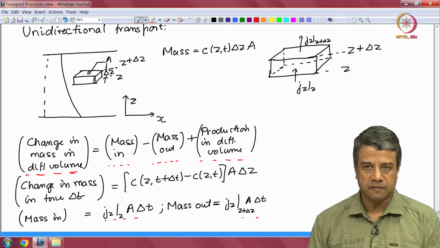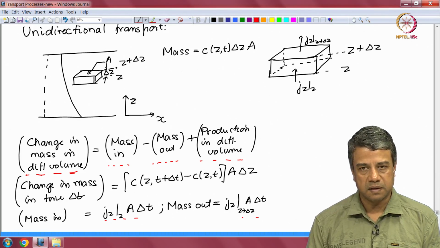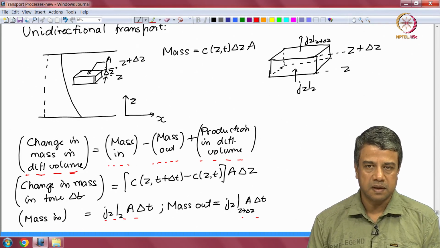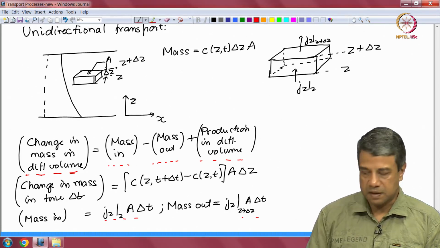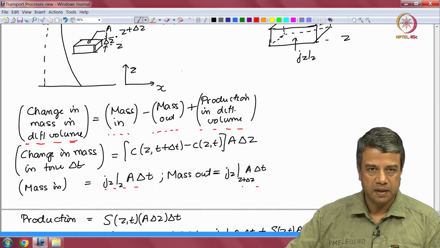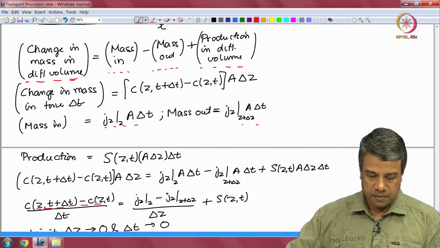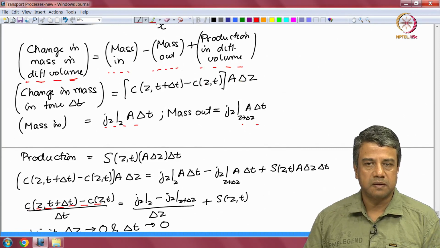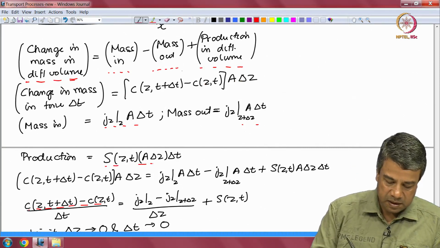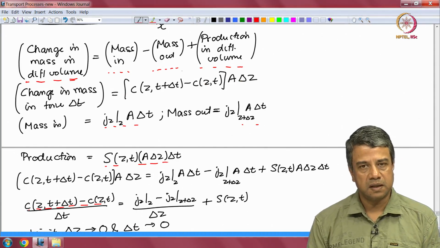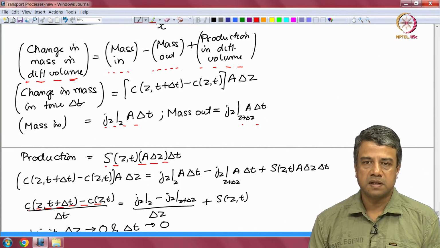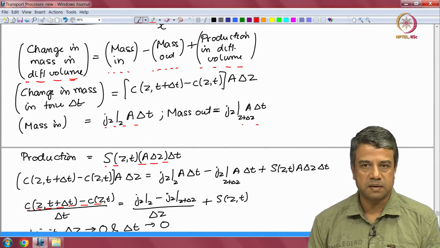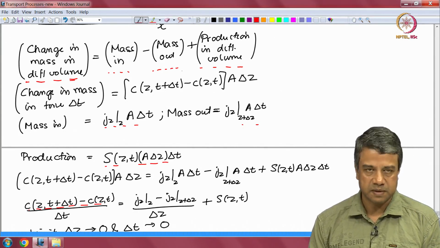Mass produced if the substance is the product and mass consumed if it is the reactant. So, this is the production term, it is equal to this S, which is the mass produced per unit volume per unit time, times the volume and delta t. Note that the fluxes are multiplied by area and delta t and the production is multiplied by volume times delta t.